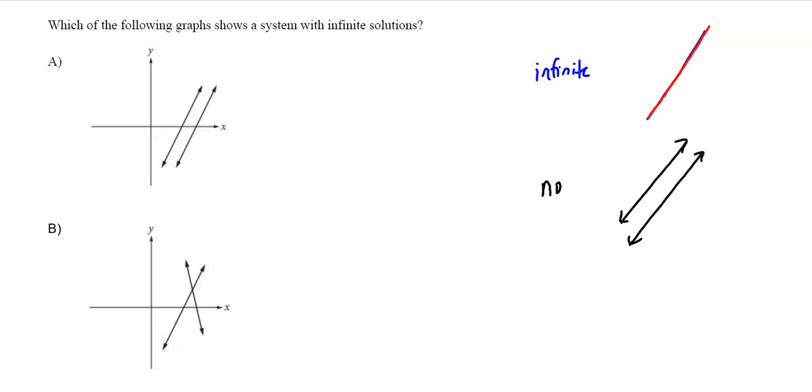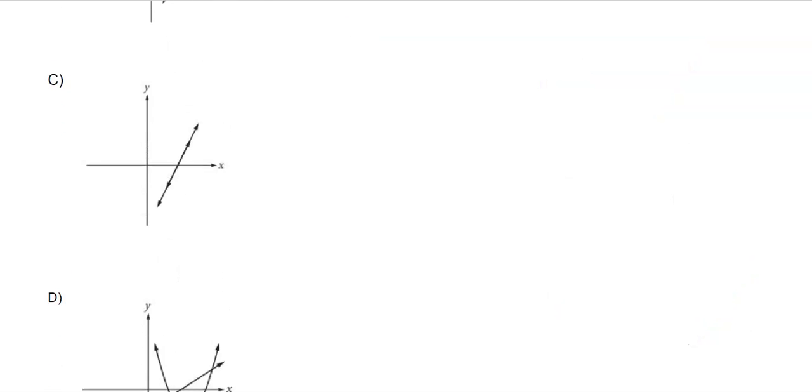And then there is one solution when you graph the first line, you graph the second line, and you do have an intersection point that represents the one solution. So since this problem was infinite, we're looking for the same line on top of itself, which is going to be answer choice C over here.